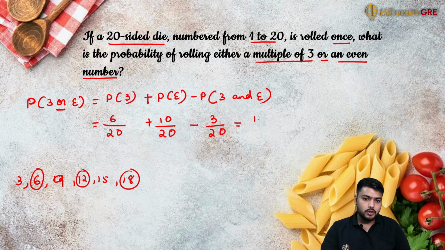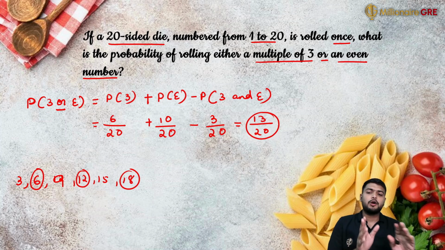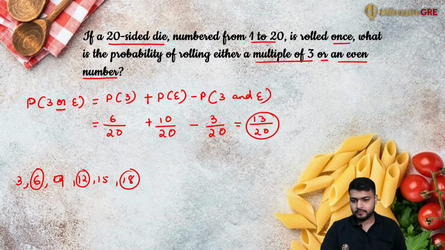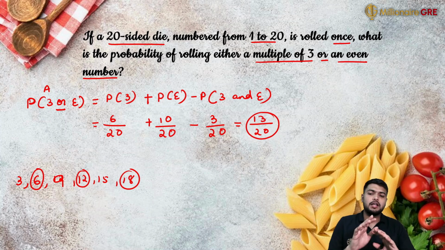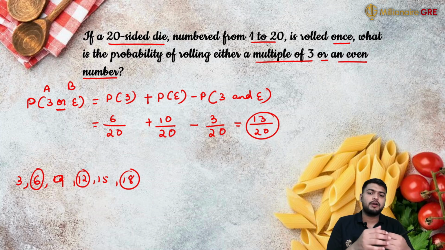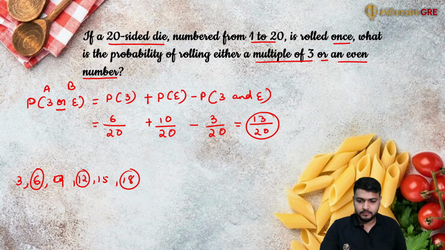And when you calculate, you get the answer as 13 upon 20. So 13 upon 20 is the probability that a number is a multiple of 3 or even. Now let's say event A is getting a multiple of 3 and event B is getting an even number.